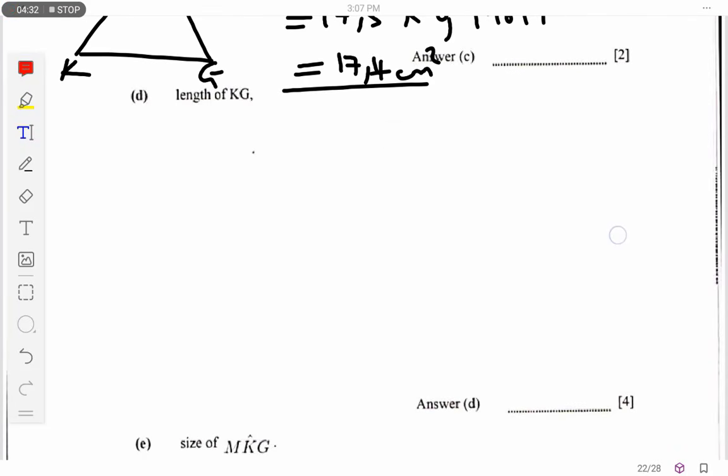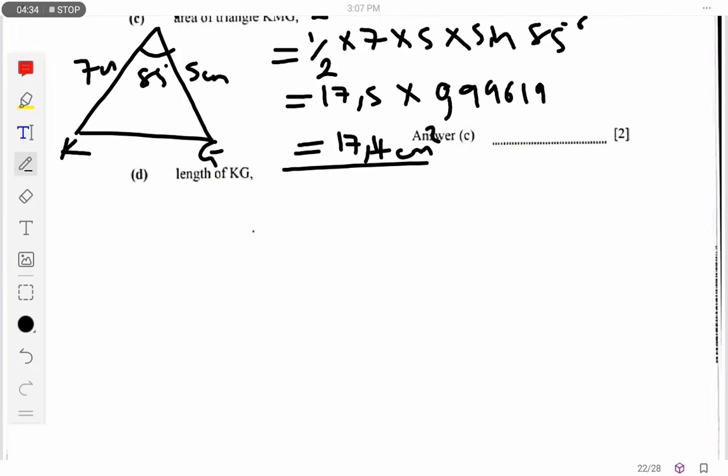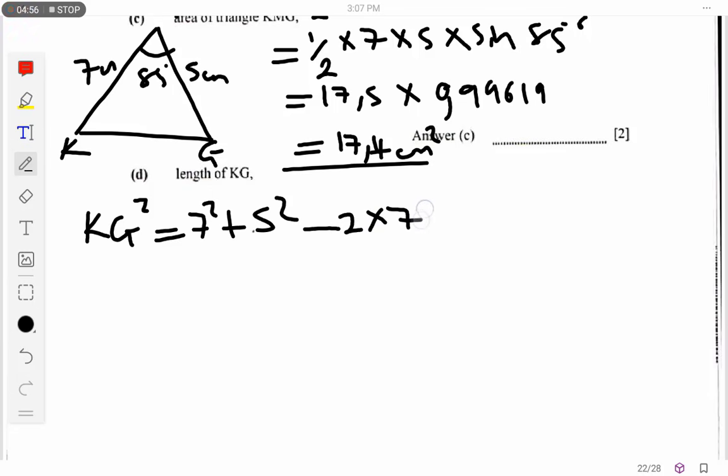Length of KG. Okay, so now we want this length here, KG. So to get the length of KG, basically, I can use the cosine rule. Let's just use the cosine rule and say KG squared is equal to 7 squared plus 5 squared. These are my a, b, c's there. Minus 2 by 7 times 5. Then we say cos 85 degrees.